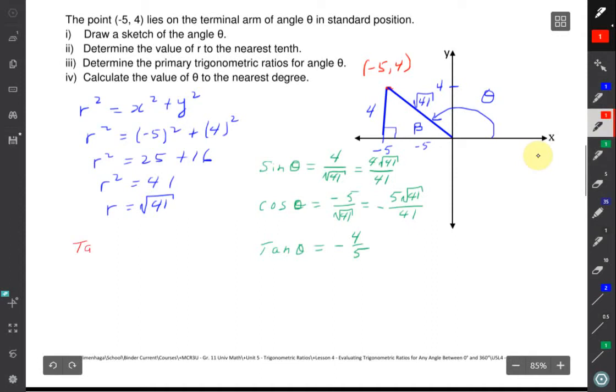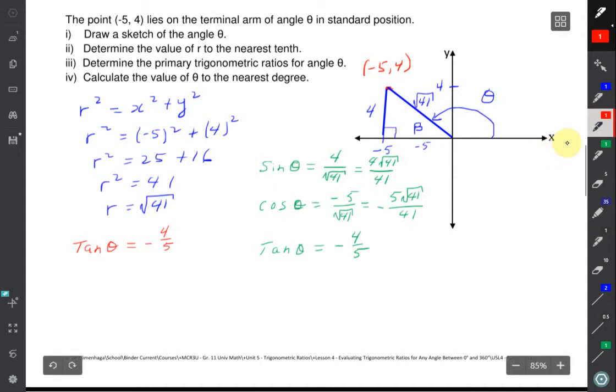The tan of theta equals minus 4 over 5. Now, similar to what you've done in grade 10, we do the inverse tan in order to find the angle. Now, what I'm not going to do at this point is write theta equals, because I don't really know what kind of an answer this is going to give me.